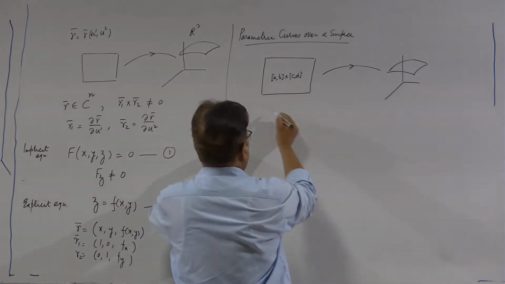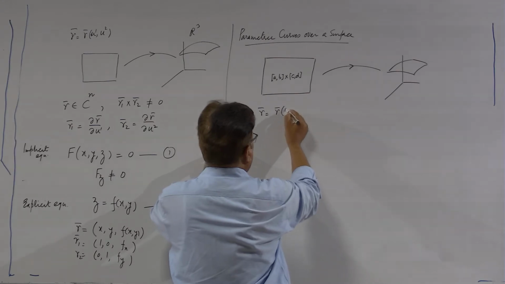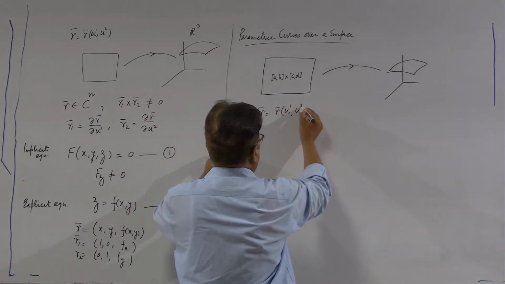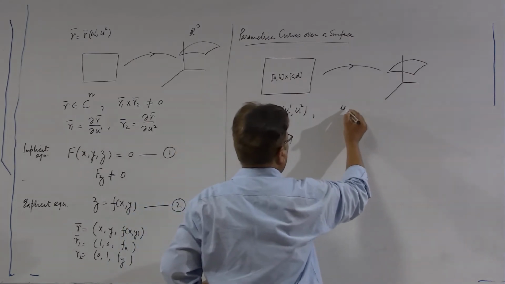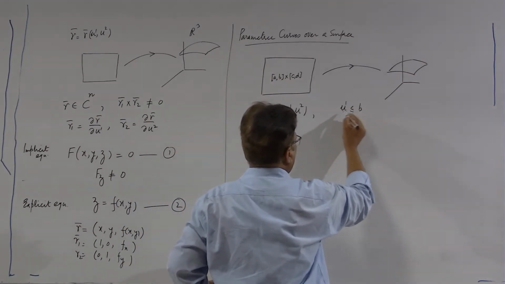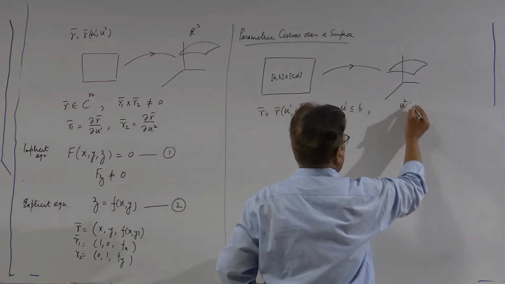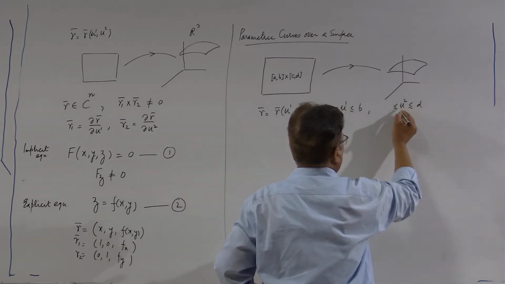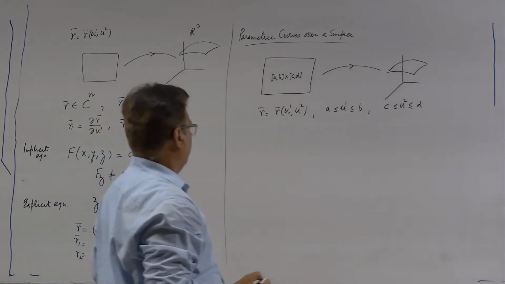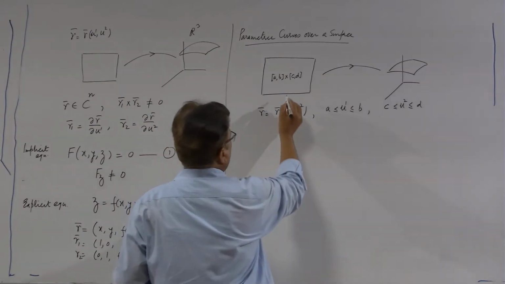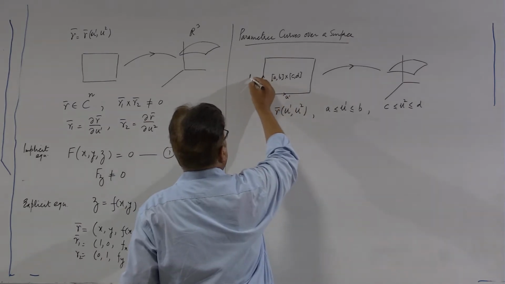Our equation of the surface is r equal to r(u1, u2). The variable u1 lies between a and b, and the variable u2 lies between c and d. So, u1 is varying on this interval and u2 is varying on this interval [c, d].